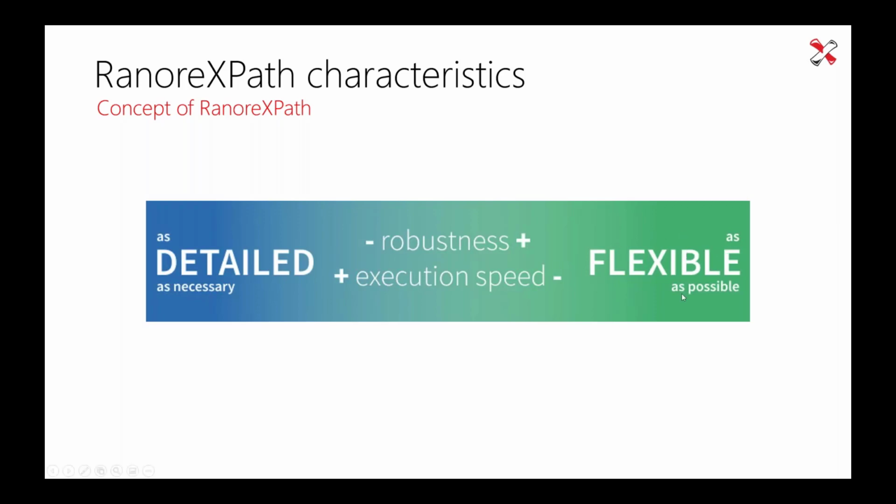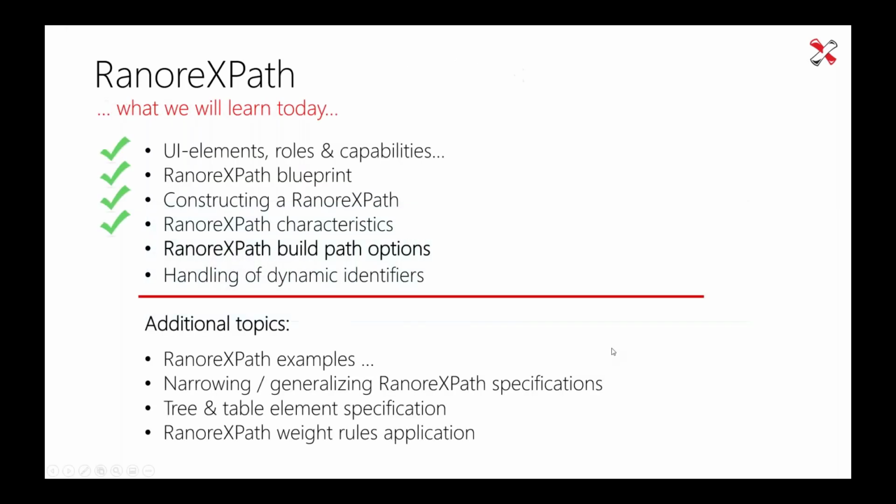On the other hand, if the RanoreXPath is very flexible, then it becomes very robust against changes in the graphical user interface. So Ranorex is able to identify UI elements even if they change in position within the graphical user interface if the path is flexible. But the execution speed drops when flexibility rises, because Ranorex always needs to search again and again for the element to find it. And I will show you in the further discussion what this practically means.